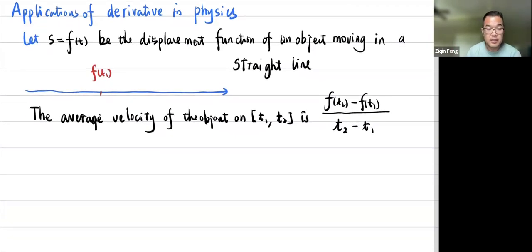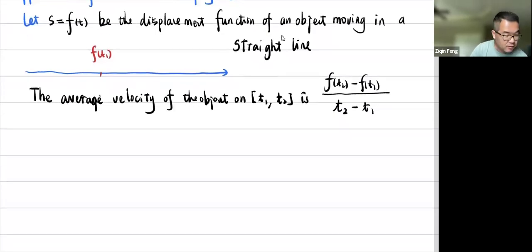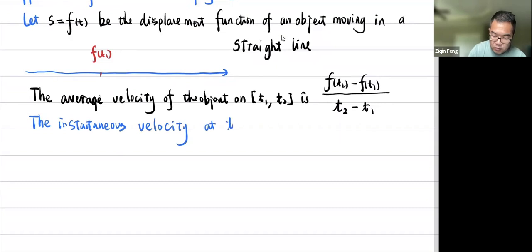So you can use the same idea as the limit. The instantaneous velocity, or sometimes we just call that velocity, at t1 is v of t1.